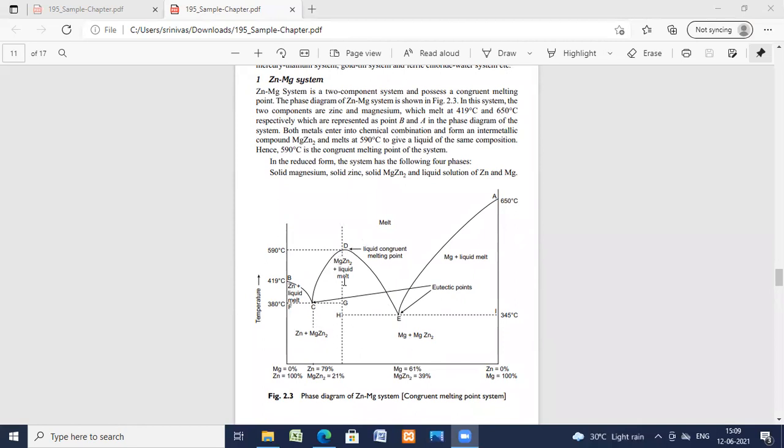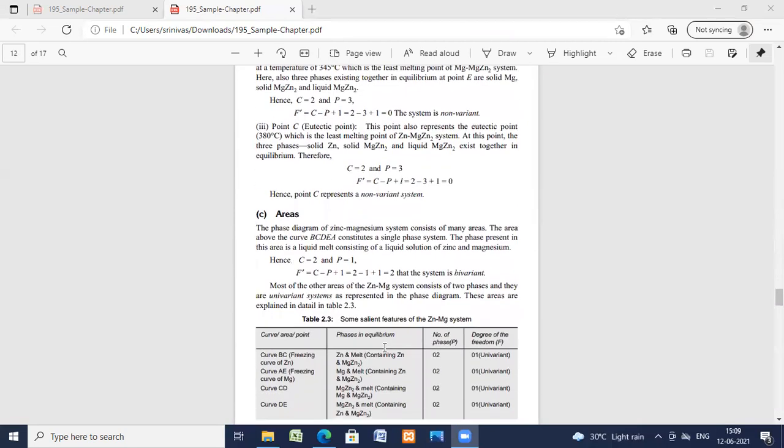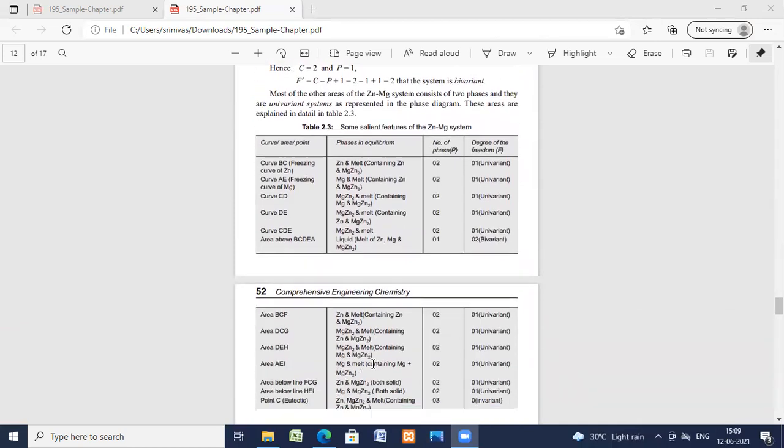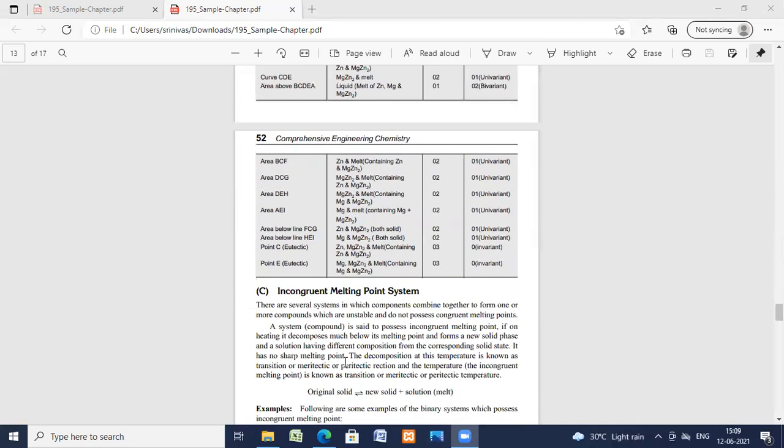For DEH, you are having magnesium plus intermetallic compound, MgZn2 plus magnesium.